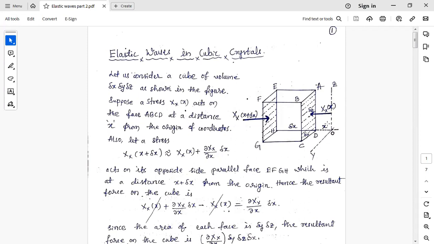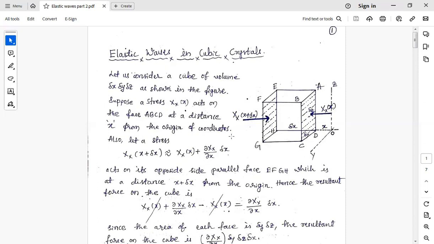So, in this diagram, what you are looking at is an elemental cubic crystal. On this cubic crystal, from this side, one force or stress is applied, and from the side EFGH, another stress is applied, and these two stresses are opposite in direction.